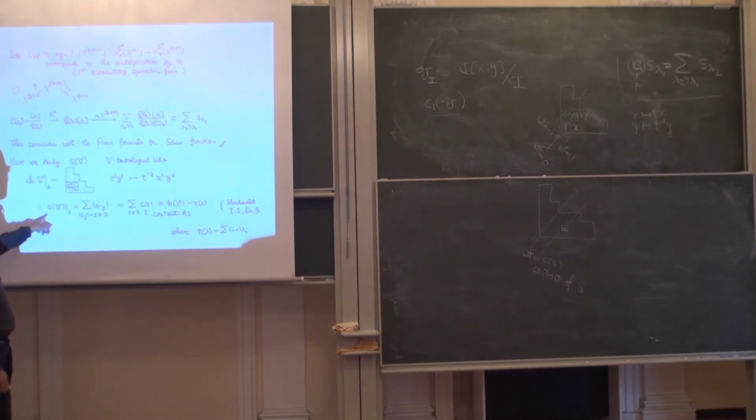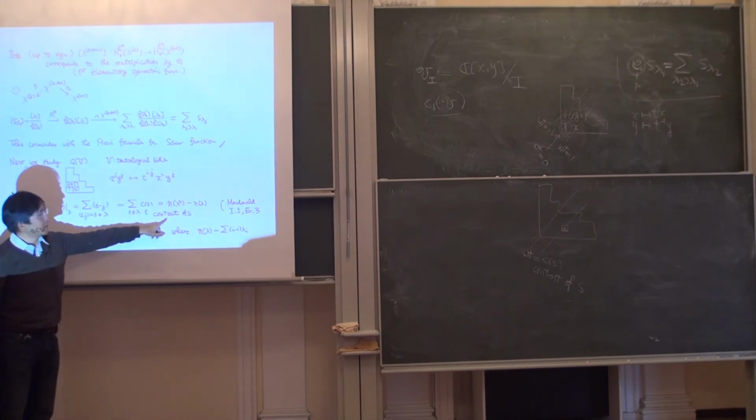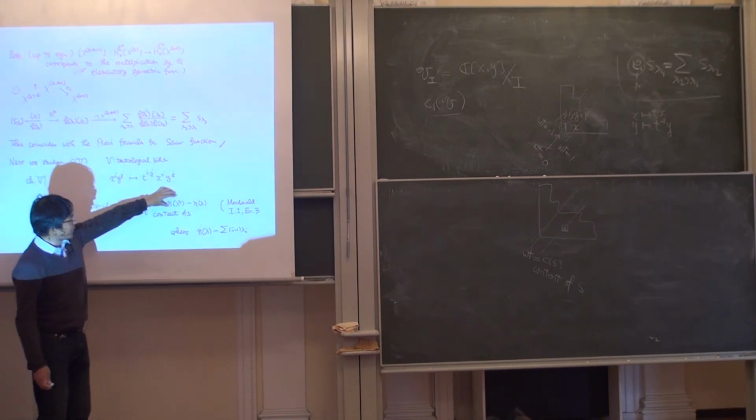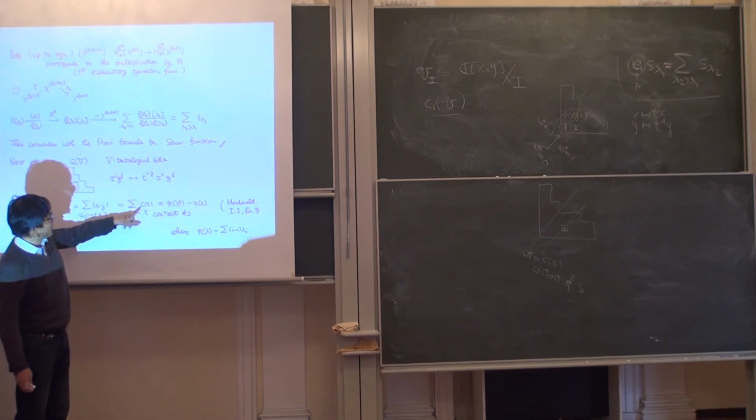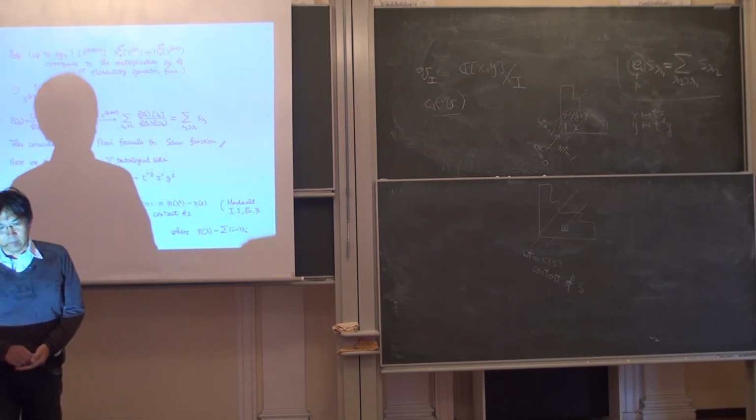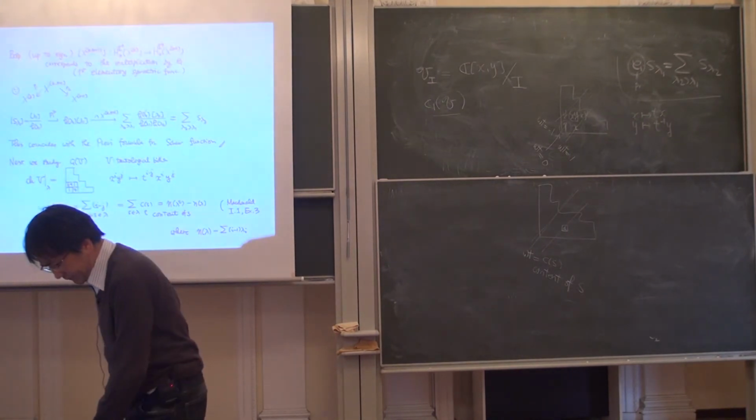Then the first Chern class of this vector bundle at the fixed point set is just the sum of all contents. That has some combinatorial meaning, so maybe you just forget. It is anyway the sum of contents.